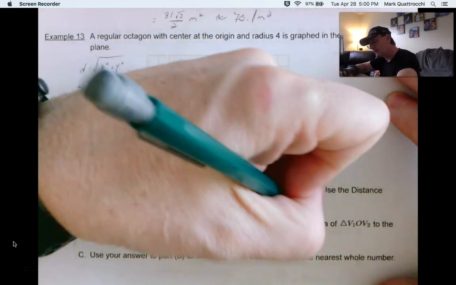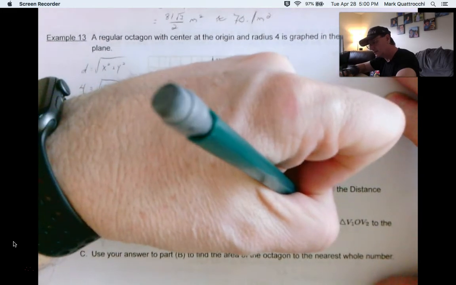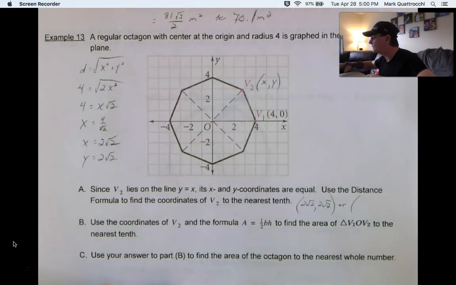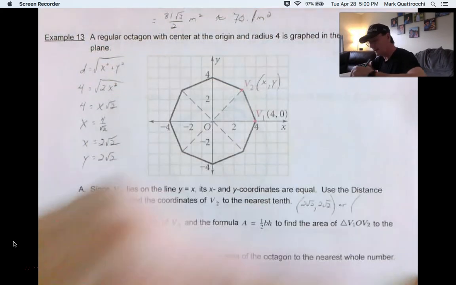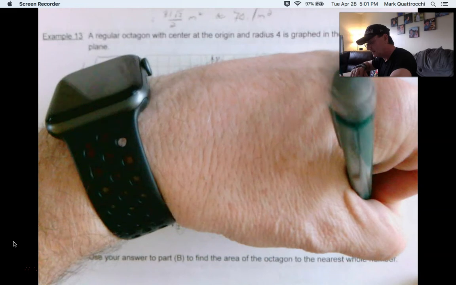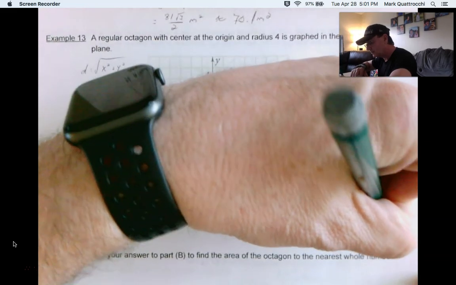So the coordinates are 2 square root 2, comma 2 square root 2, or we want it rounded to the nearest tenth, 2.8, comma 2.8.